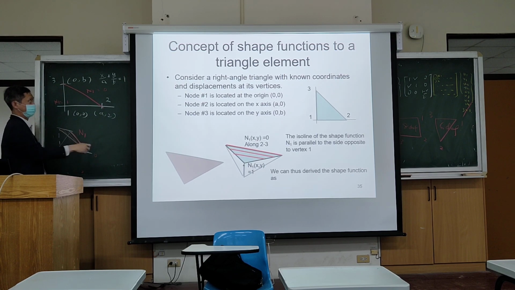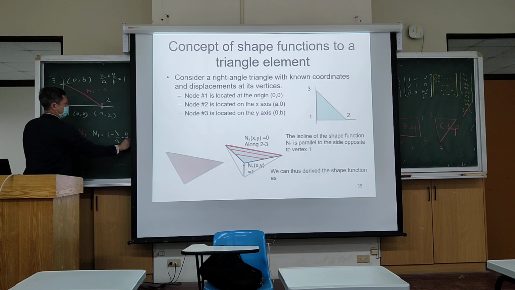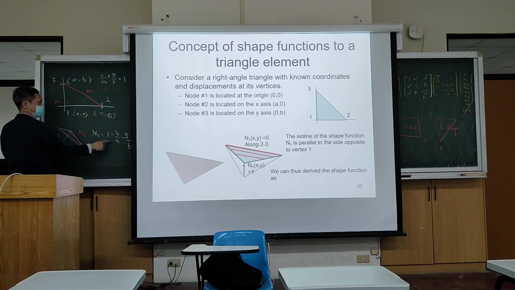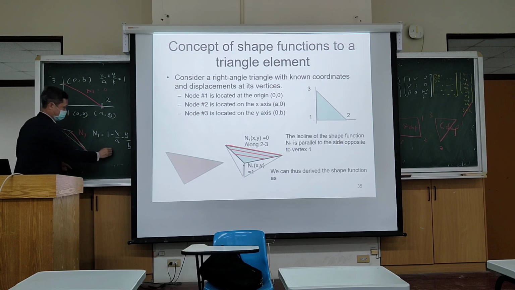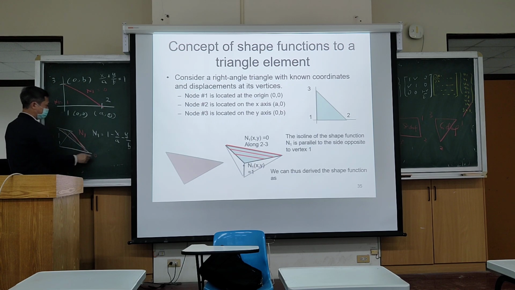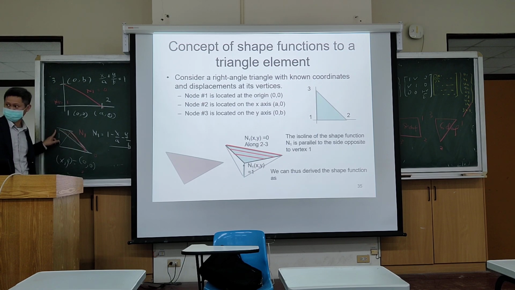So you can now re-express my shape function N1 as 1 minus x over a minus y over b, right? So substitute the nodes: if I substitute 0, 0, x, y into the equation here, I have N1 being 1.